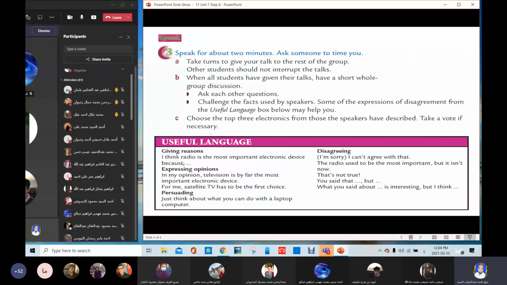I think radio is the most important electronic device because. I think the mobile phone is the most important electronic device because. In my opinion, in my point of view, television is by far the most important electronic device. So you can use these expressions to enrich your talk, to improve your speaking language.